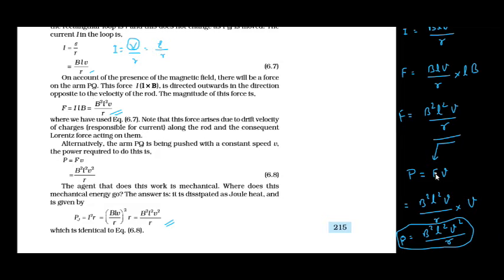One more thing: power is equal to F into V. Remember, force into velocity.